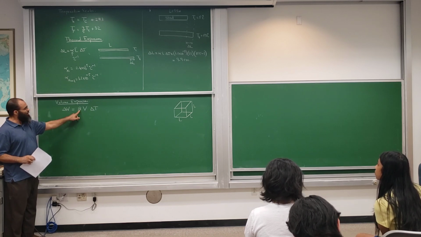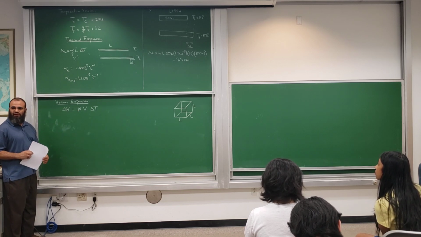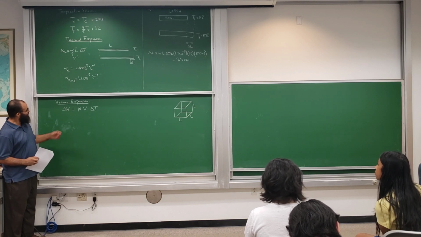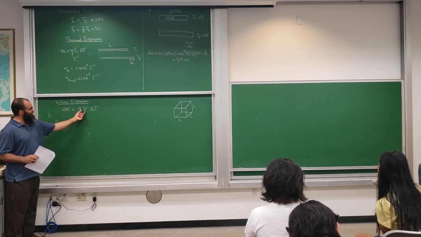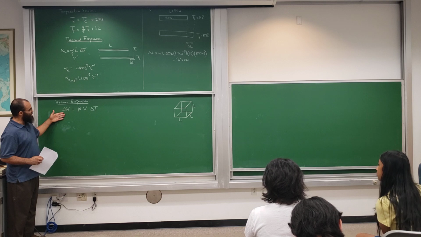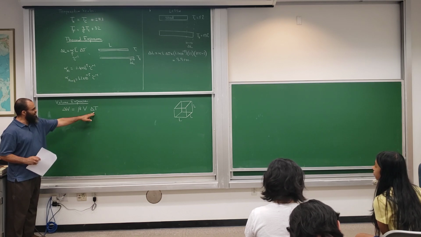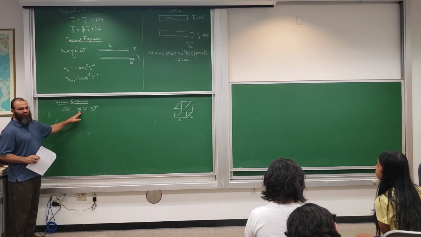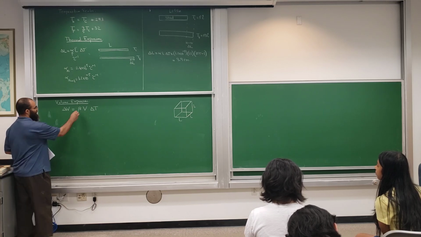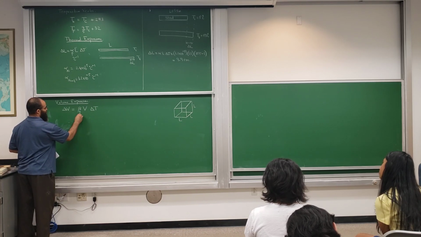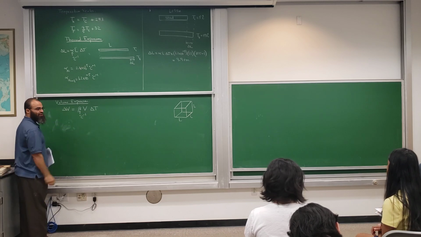But what would the units of beta be? Same as alpha, yeah. Because volume, they cancel, so you must have dimension degrees Celsius. So this one must have 1 over degrees Celsius, or 1 over Kelvin. So yeah, the units would still be degrees Celsius to the minus first power.